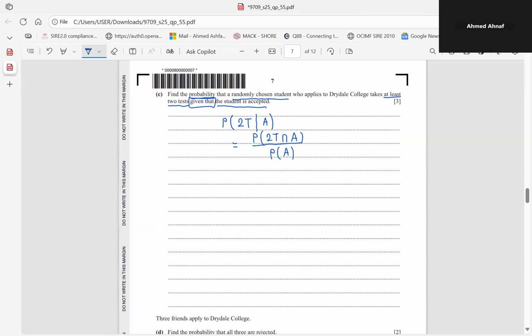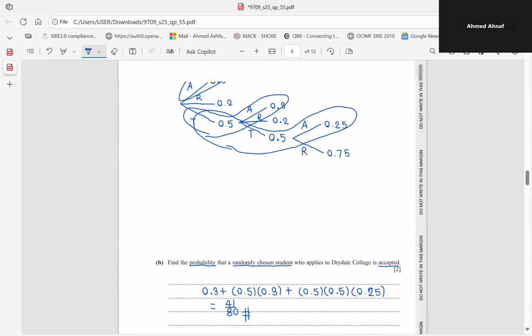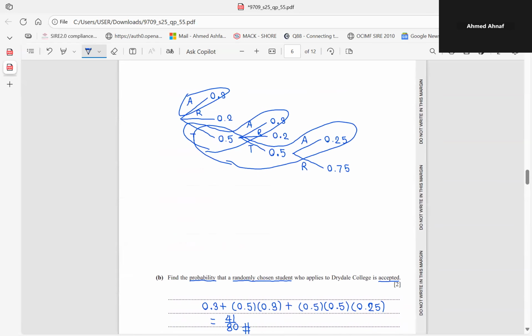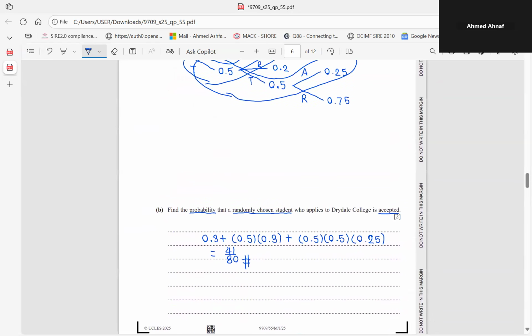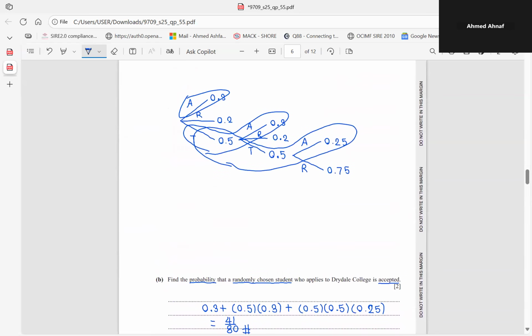In order to find the numerator, let's look at our tree diagram. To get accepted and take at least two tests, you can take two tests and get accepted, so 0.5 times 0.3, or you can take three tests and get accepted, so 0.5 times 0.5 times 0.25.